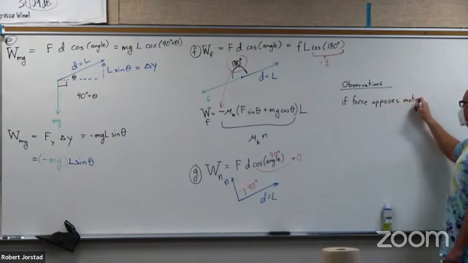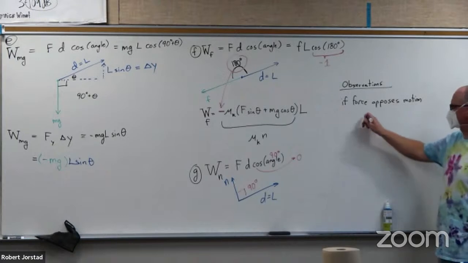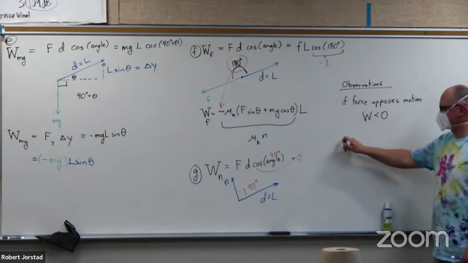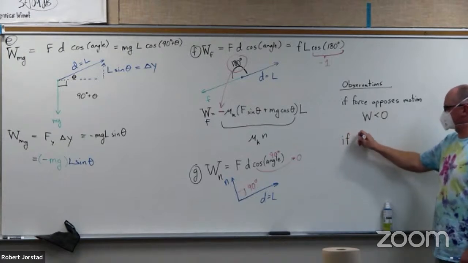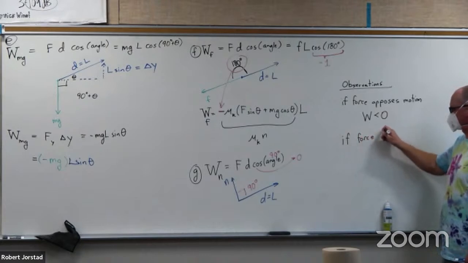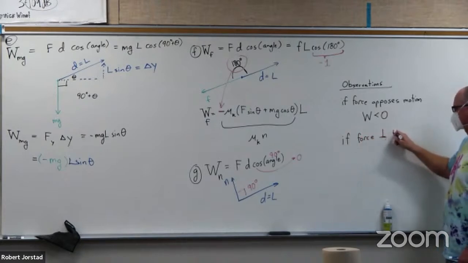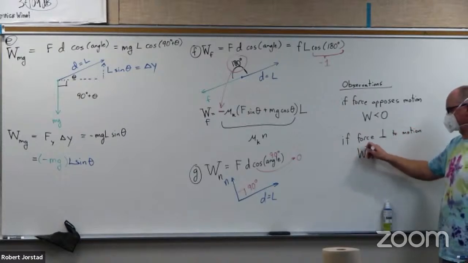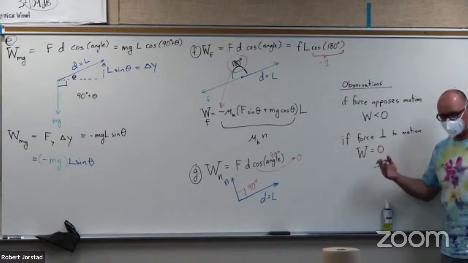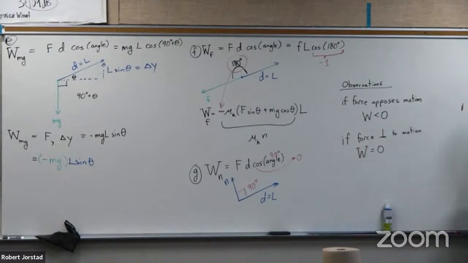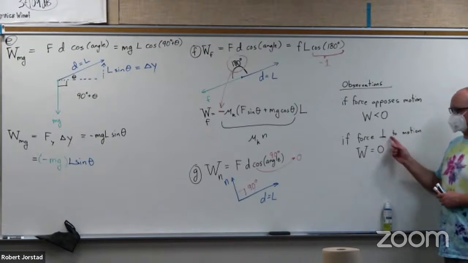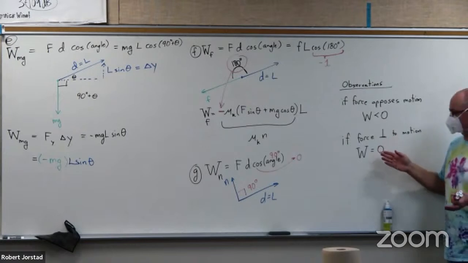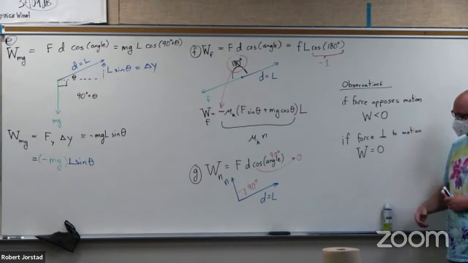If a force opposes motion, the work is negative. We could see something else. If a force is perpendicular to motion, what's the work done? 0. These are two useful things to help check your work. Basically, if a force is perpendicular or close to perpendicular, you expect 0 work or almost 0 work, right? Only forces that have a large component parallel to the motion matter.